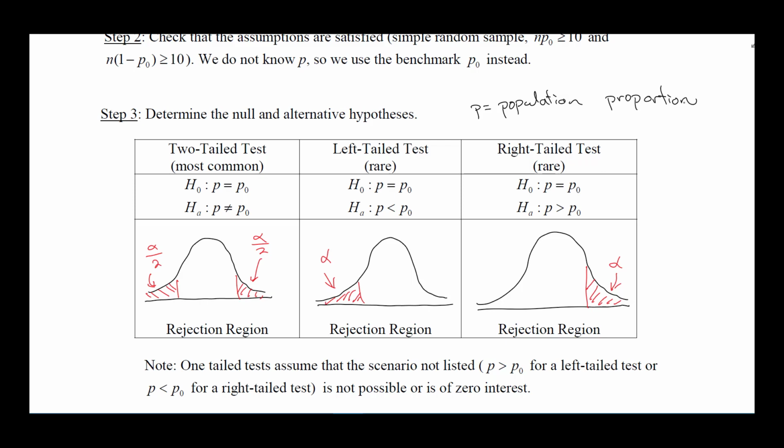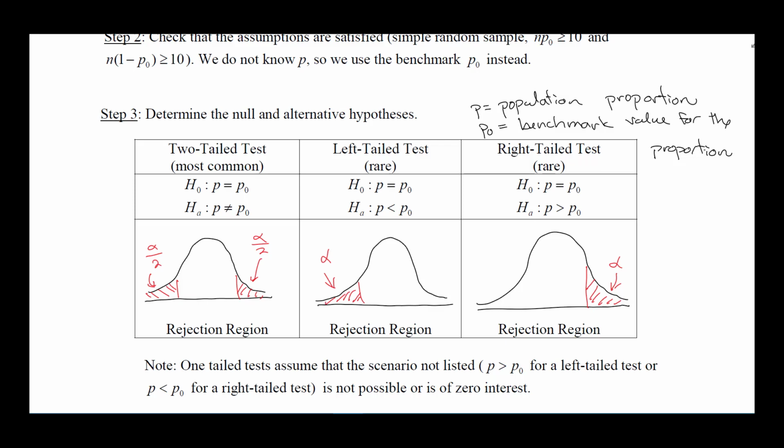This P0 is our benchmark value that we're going to be comparing against. And so when you actually work a problem, that P0 is going to be a number.